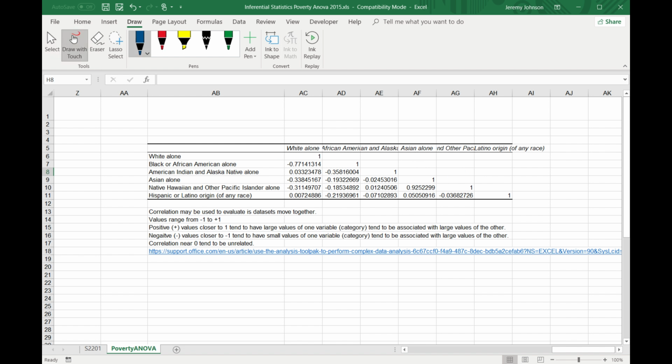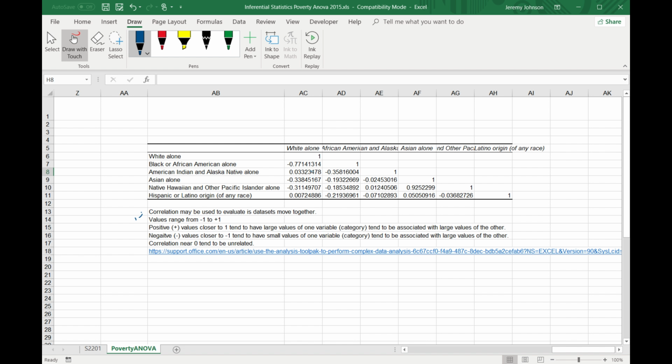Now, correlation is used to see if the data sets move together, if they are consistent. The values you're expected to see are going to range from -1 to +1.